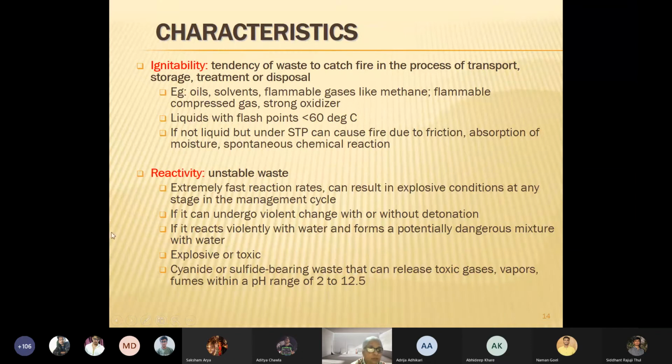So that's a potentially dangerous mixture with water. So anything that is explosive, toxic, and if the vapors or the fumes are also toxic, then they all qualify to be considered hazardous materials or waste. So cyanide and sulfide bearing waste that has a pH range of 2 to 12.5.